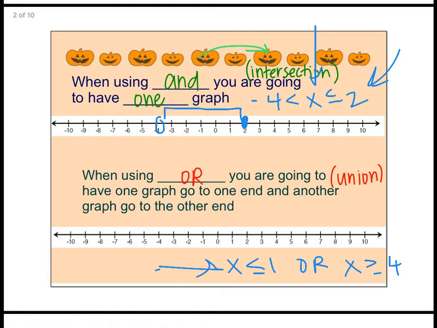In this case, x has to be less than or equal to 1, so I'll put a closed dot there. Less than or equal to would be pointing to the left, or x has to be greater than or equal to 4. So again, my dot should be shaded in. Notice my two graphs go in opposite directions. We call that a union.